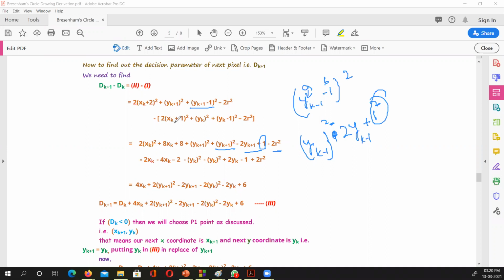Now is the time of this guy. Same is this one. If you evaluate x of k plus 1 ka whole square, that is x of k square plus twice xk plus 1 square, then multiply it with 2, you get twice xk, minus 4xk, 2 into 1 is 2, minus 2. Now yk will be here, y of k minus 1, again this is a minus b ka whole square.